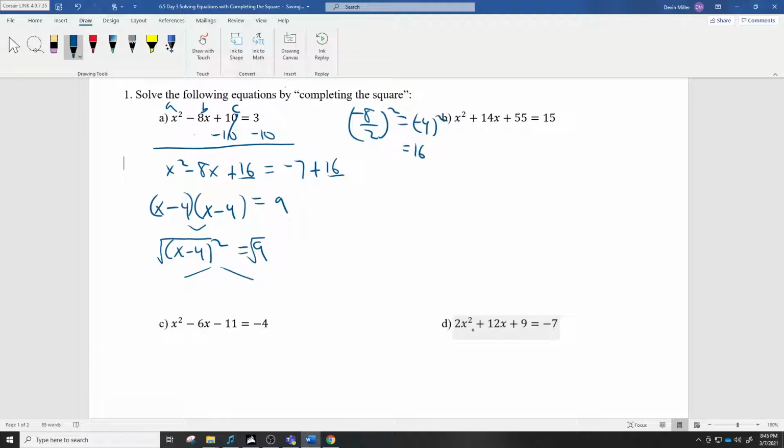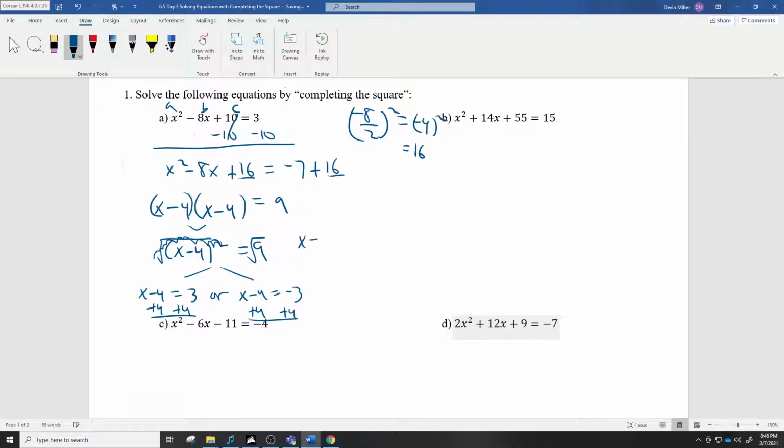When you square root this side, it takes out the squared and the square root, and you get x minus 4 equals the square root of 9, which is 3. Or you get x minus 4 equals the negative version of that, negative 3. Then you can solve these individually by adding 4 to everything and getting your two answers.